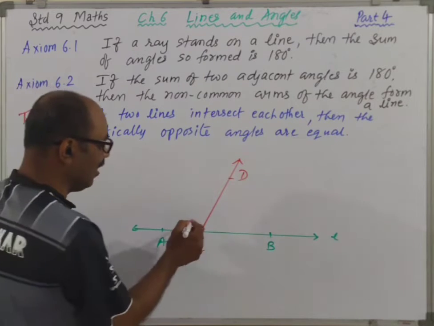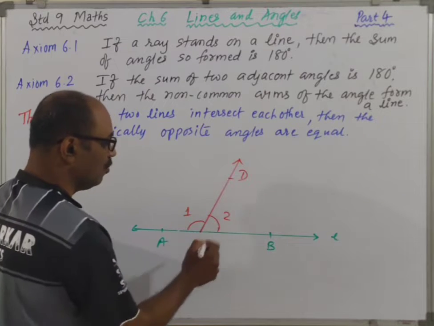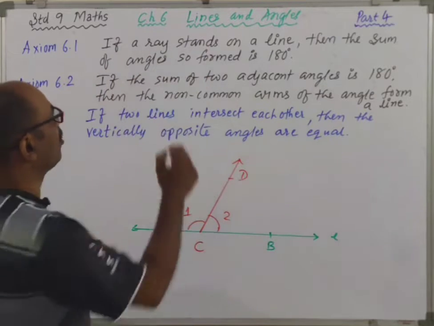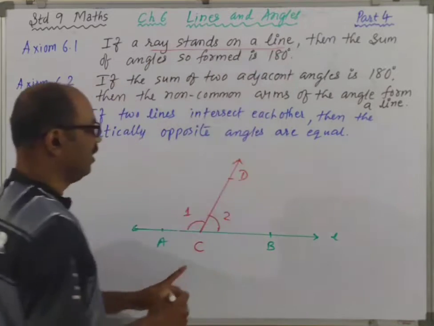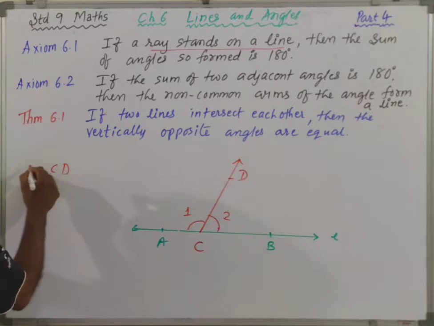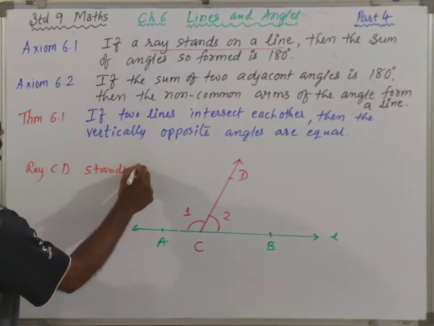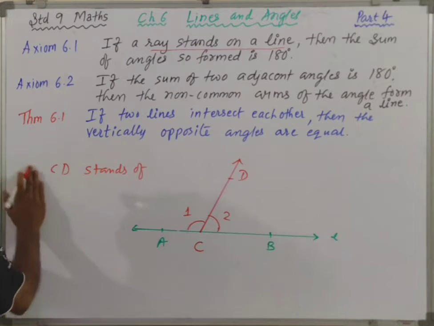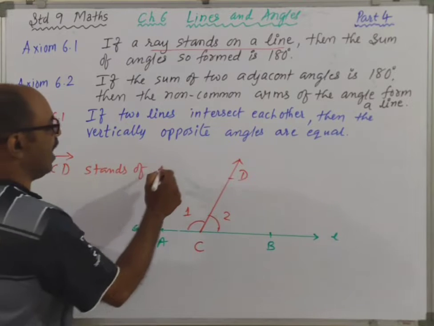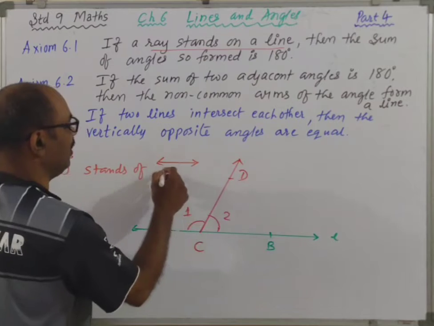So it forms 2 angles. Let's give numbers, that is best. Angle 1 and angle 2. So what does the statement say? If a ray stands on a line, red ray stands on green line, I can say ray CD stands on line ACB.